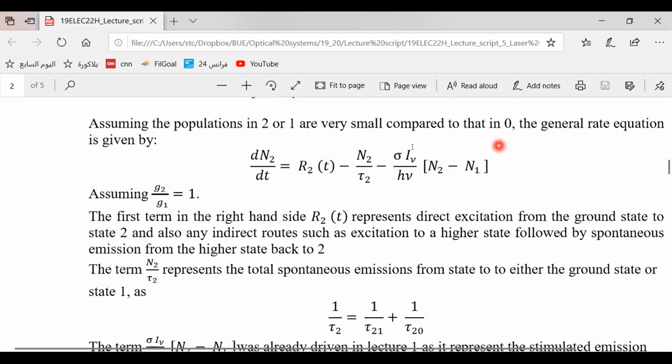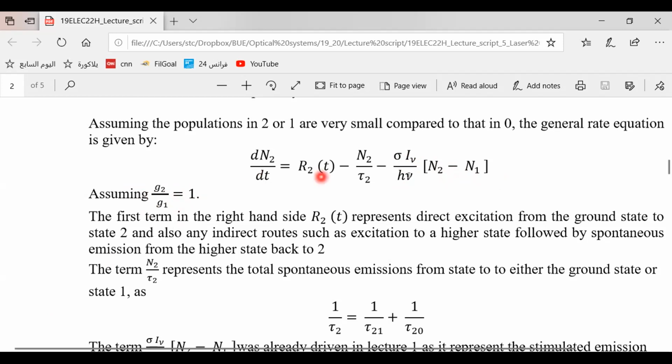We use it more than one time in our equations, which is sigma I over the photon energy, times N2 minus N1. And here we assume that G2 over G1 is equal to 1, just to make it somewhat easier, because basically this term is minus G2 over G1 times N1. So here G2 over G1 is equal to 1, just to make this equation simpler.